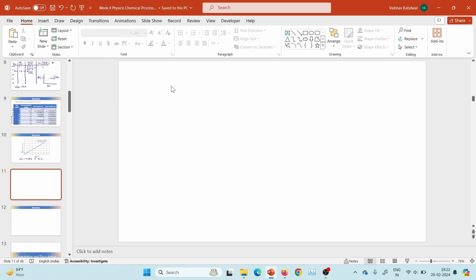So till now we have calculated the KLA value at 15 degrees Celsius, 0.0703. Suppose you want to calculate the KLA value at T degrees Celsius, the formula is KLA at T equals KLA at 20 degrees Celsius times theta to the power T minus 20.